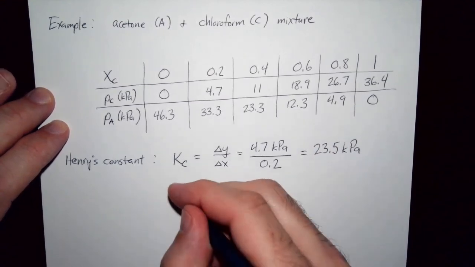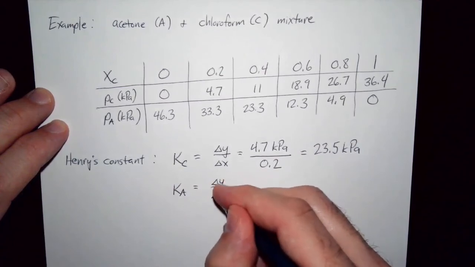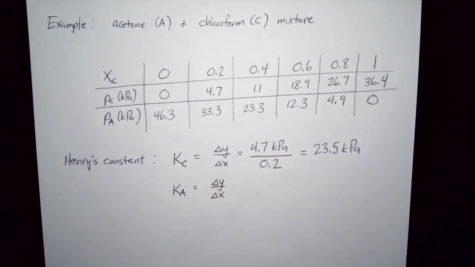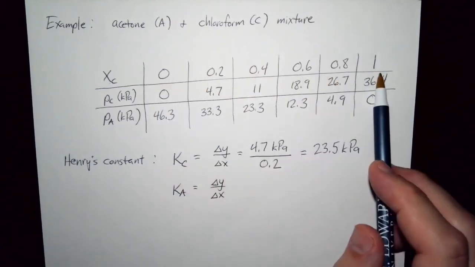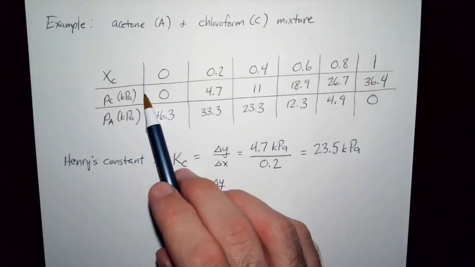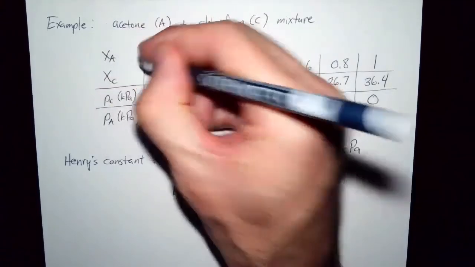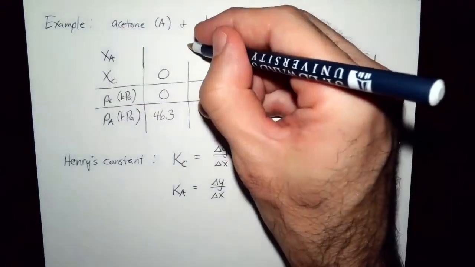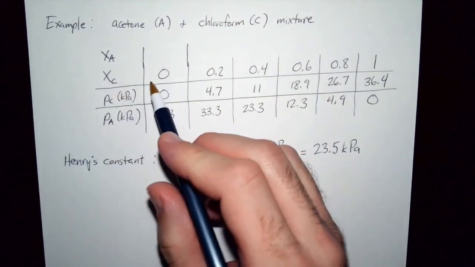All right, let's do the same thing for the acetone. It's going to be the slope when the mole fraction of acetone is close to 0. We didn't write the mole fraction of acetone here, but we could, because this is a binary mixture. The mole fractions of the 2 should always add up to 1.